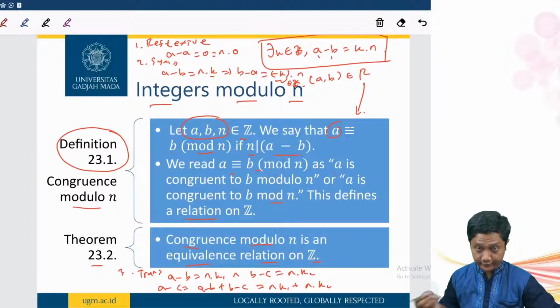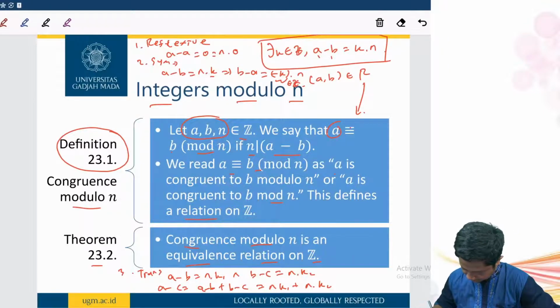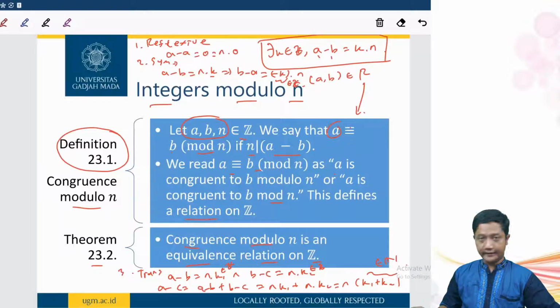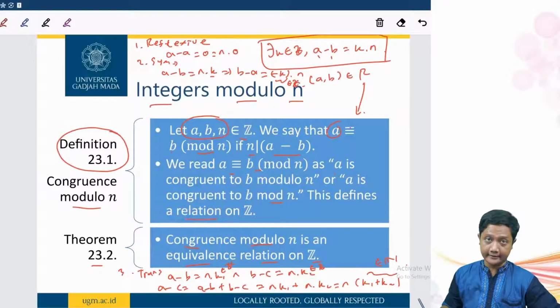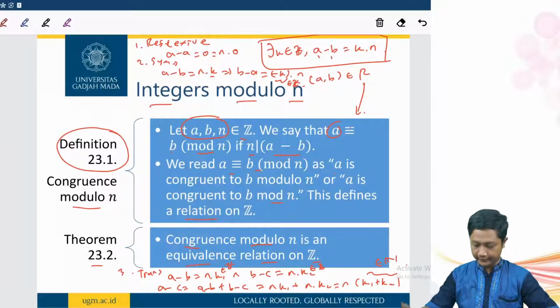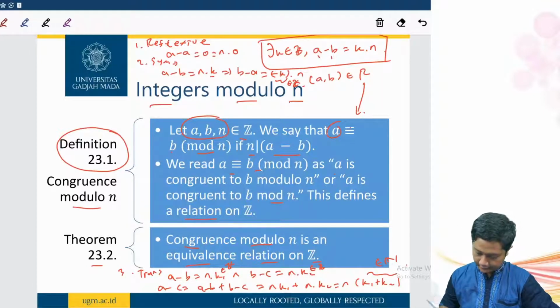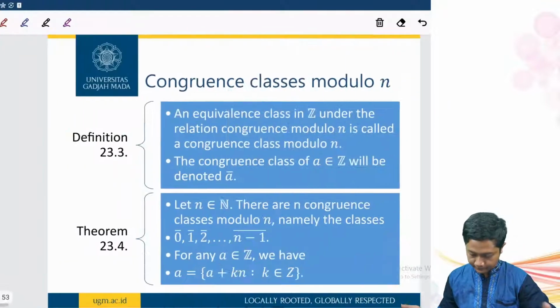Is that okay? Yeah, should be fine, right? So this one is n times (k1 plus k2). When k1 is in Z, then k2 also is in Z, then k1 plus k2 is in Z. That means a minus c is divisible by n. That means I have a congruent to c mod n. That gives me an equivalence relation.